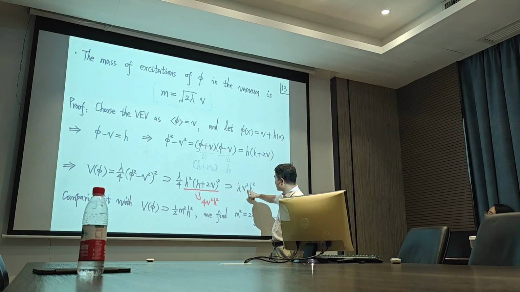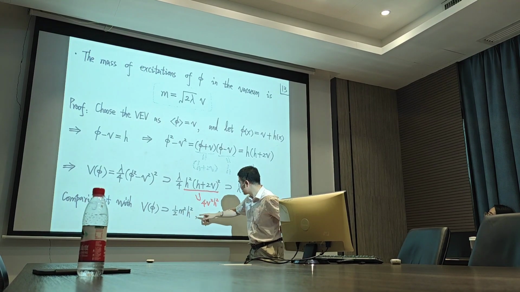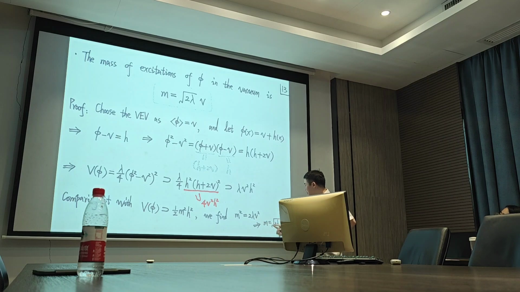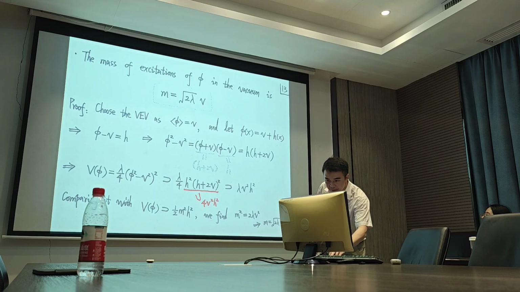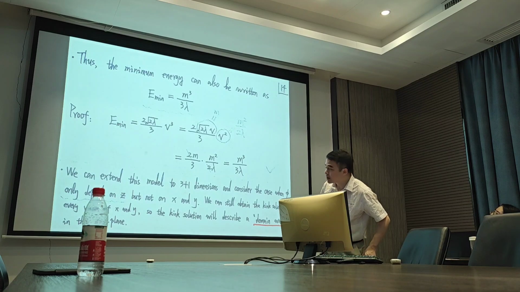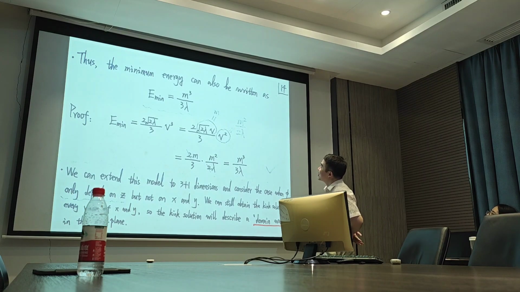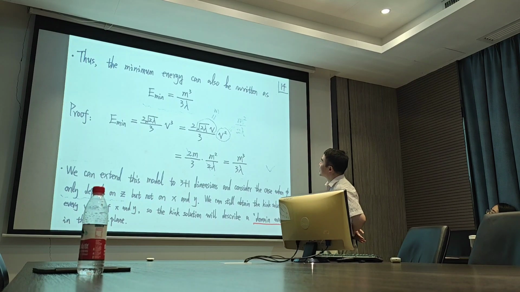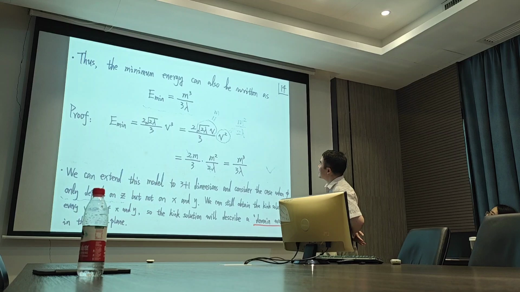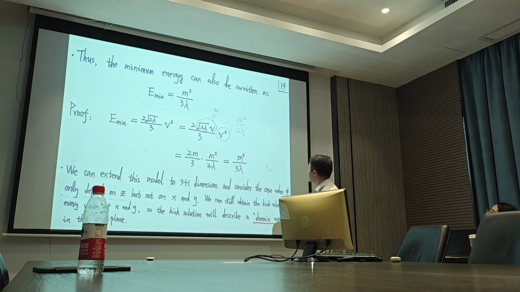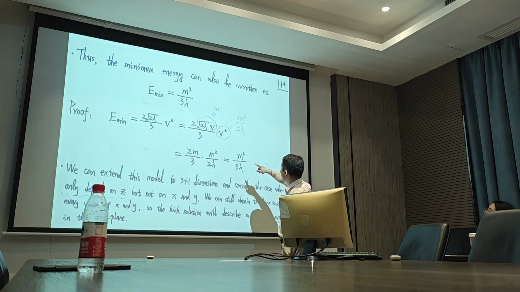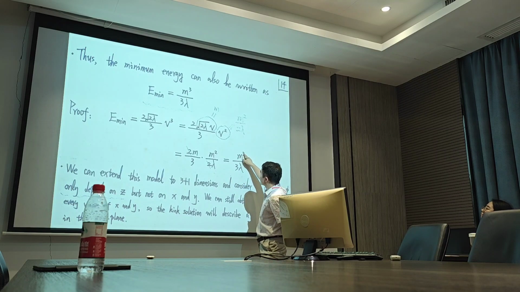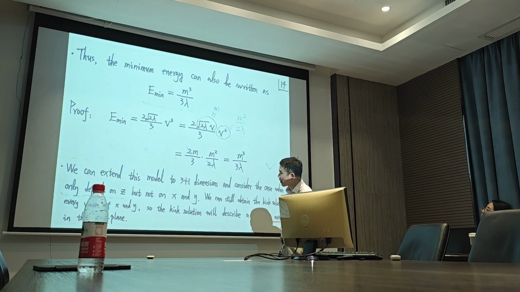Comparing with these terms, we get the mass as this result. So now we can re-express the minimal energy in terms of the mass of the excitation. The minimal energy is proportional to the mass to the third order.